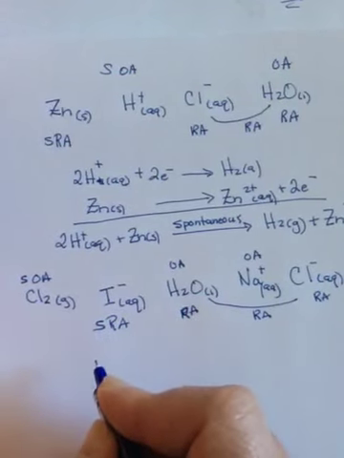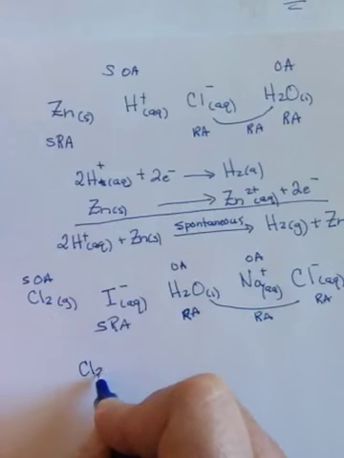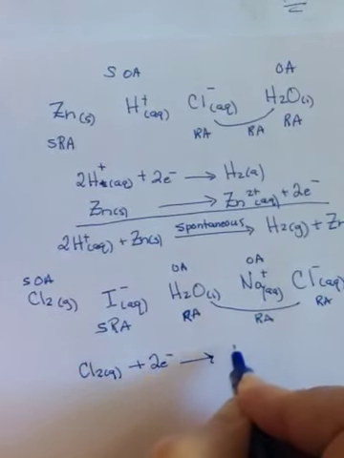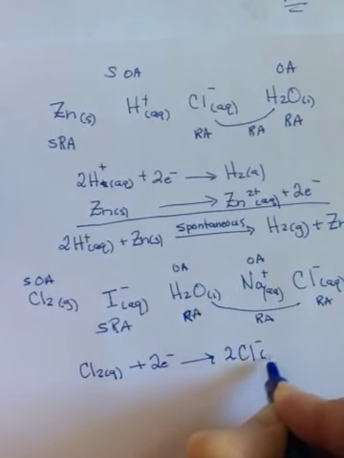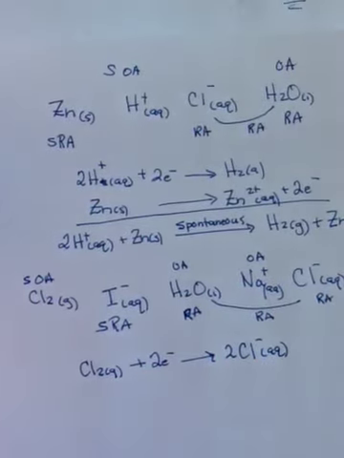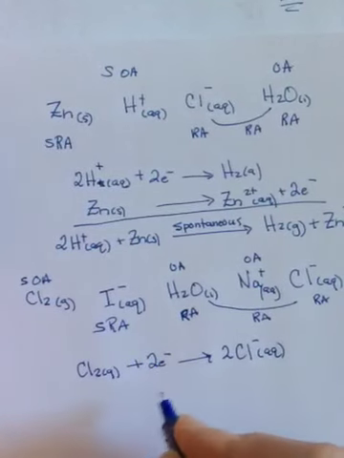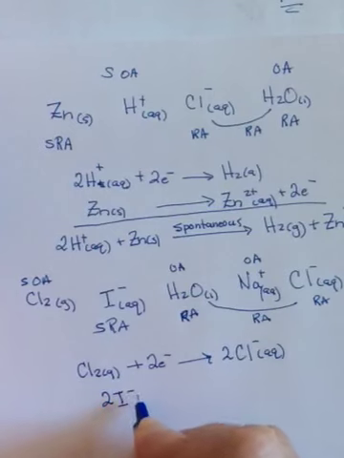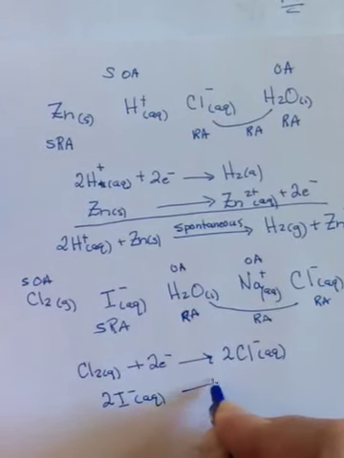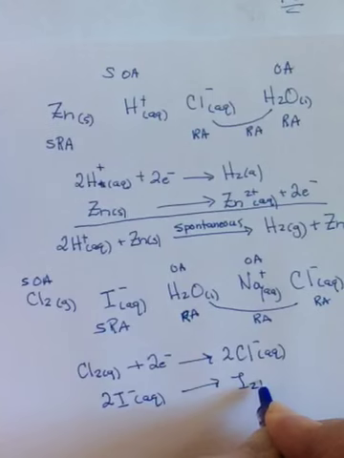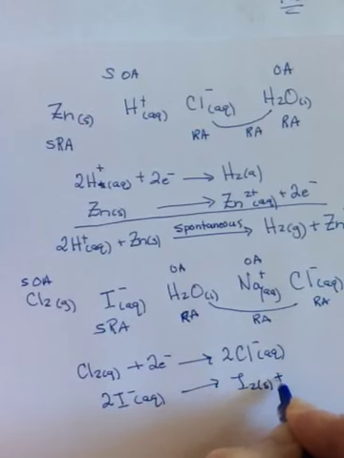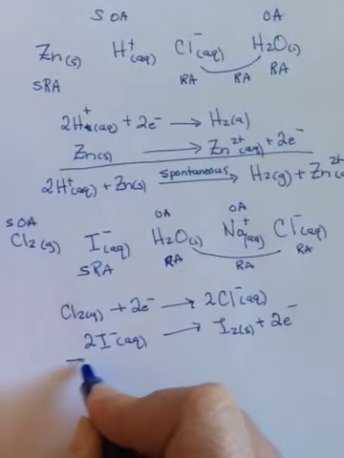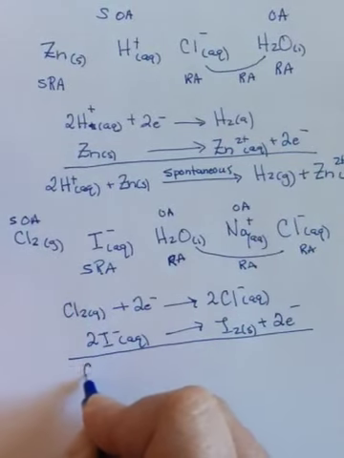Okay, so now we write our half reactions down. Cl2 gas plus 2 electrons going to 2Cl- aqueous is our oxidizing half reaction. Our reducing half reaction will be 2I- aqueous going to I2 solid plus 2 electrons. They are already balanced, so you can just add them up.